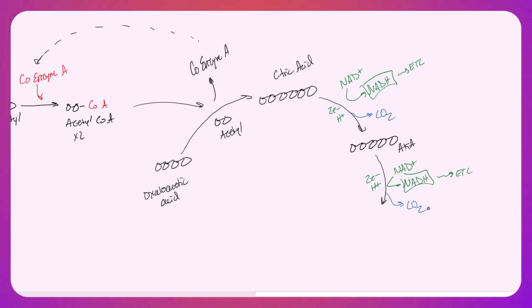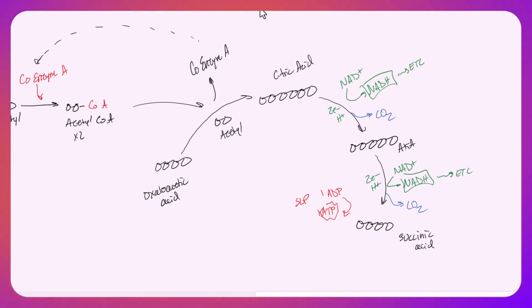And if we cut one of the 5 carbons off, we're going to be left with a 4-carbon compound called succinic acid. Now, it is important to note that at this step, there is also an extra ATP produced. And so 1 molecule of ADP will be converted into 1 molecule of ATP. That is due to SLP or substrate level phosphorylation. It happens as a way to produce bonus ATP.